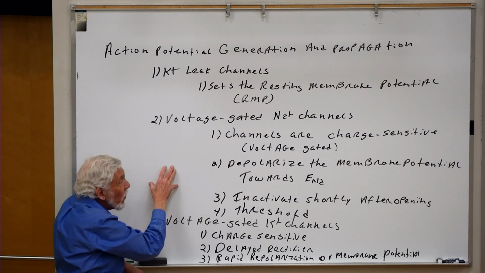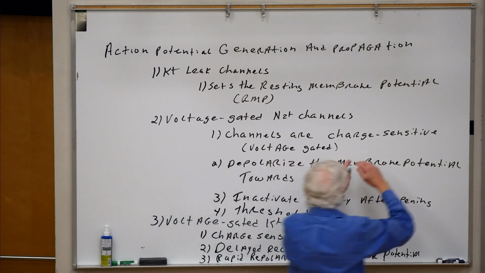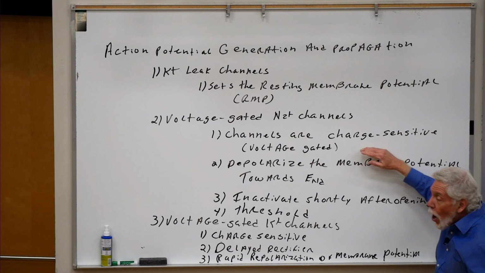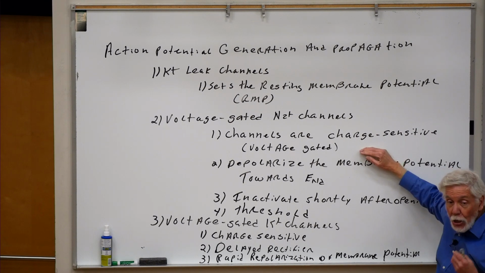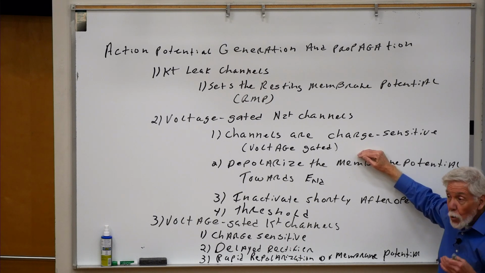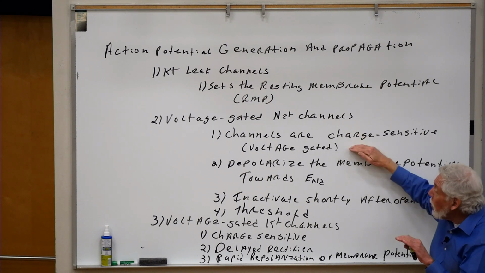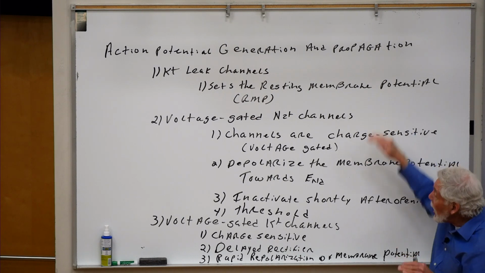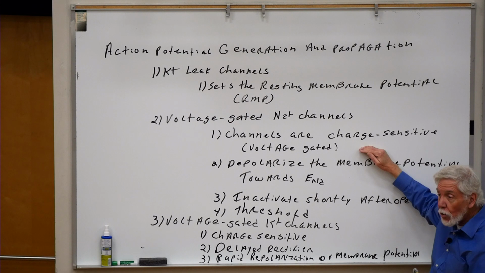The sodium is prevented from coming in because these sodium channels are only gated by a change in charge. Under normal circumstances, their gates are closed. But there are mechanisms whereby we can open those channels. If we provide a little bit of positive charge, we can swing them open, and sodium will run down its concentration gradient.